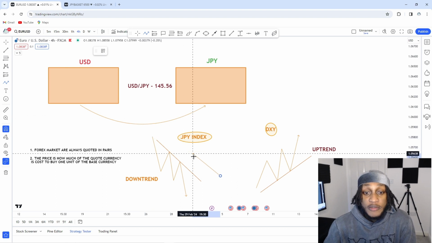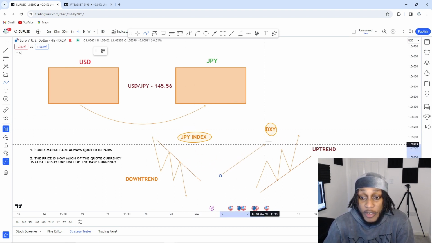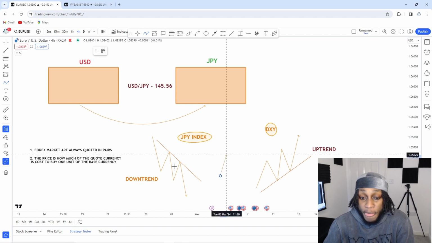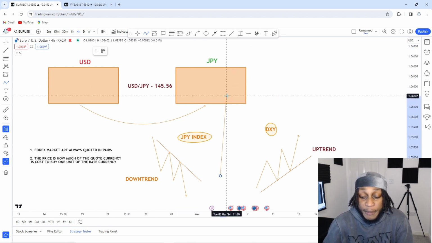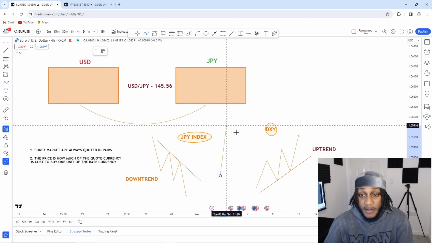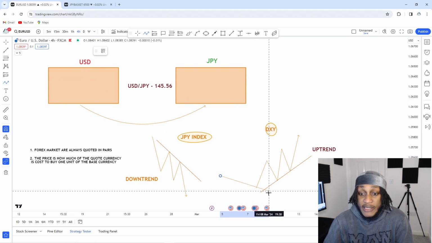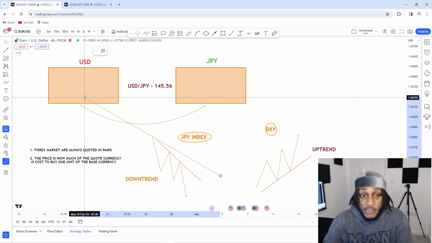The first thing we're going to look at is our JPY index and our dollar index. If our JPY index is showing us that price is weak, we're looking at our quote currency, the JPY, to be weak. And if our base currency, the USD, has a dollar index in an uptrend, we're looking at the US dollar to be strong.